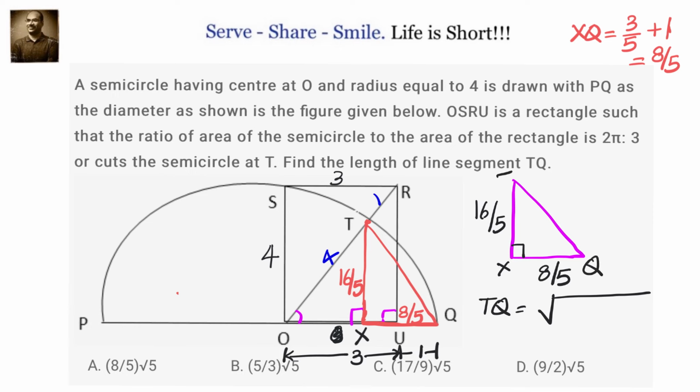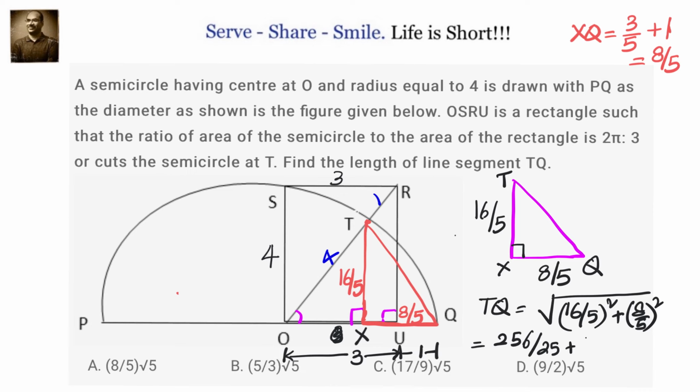So applying Pythagoras theorem, we have TQ equals square root of (16 by 5) whole square plus (8 by 5) whole square. On simplifying, we have square root of 256 by 25 plus 64 by 25.